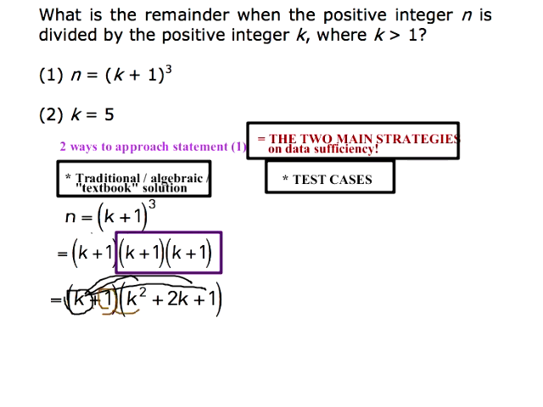The only thing that does not have k in it is 1 times 1. So this equals a bunch of stuff containing k.